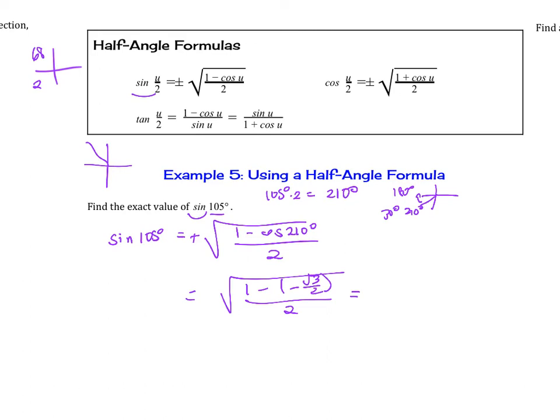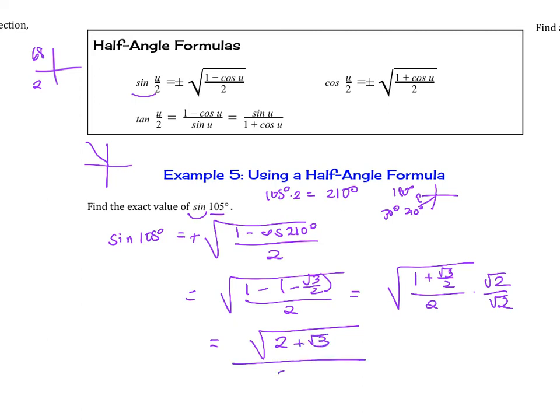So then we need to simplify. So this is the square root of 1 plus root 3 over 2 all over 2. So let's multiply by square root of 2 over 2, so we can rationalize the denominator. And so you get the square root of 2 plus root 3, and then all over 2.